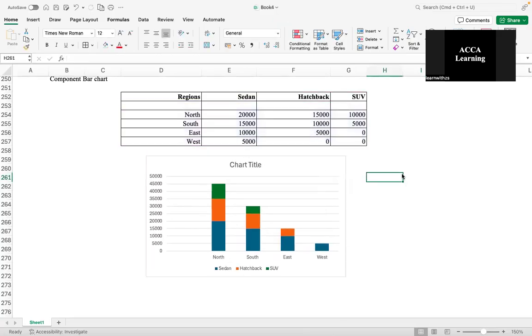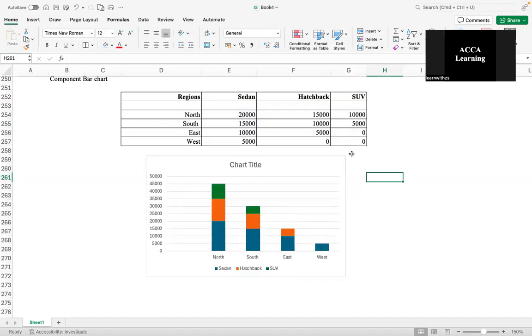This is how a component bar chart looks. If you can see, the bars here are north, south, east, and west, and the values are on the x-axis. Sedan is denoted as the blue color, hatchback is the orange color, and this green color is your SUV.